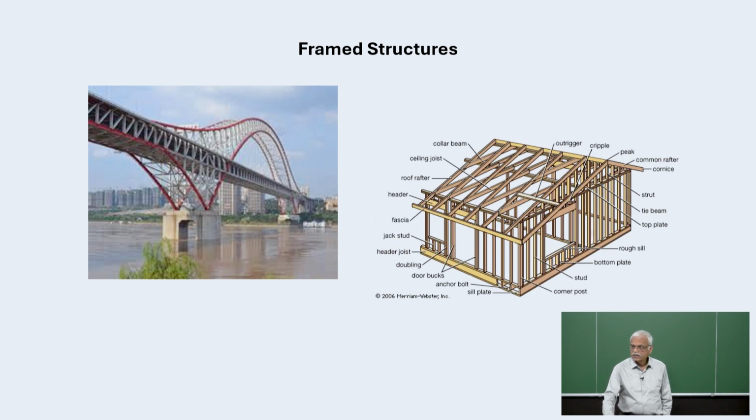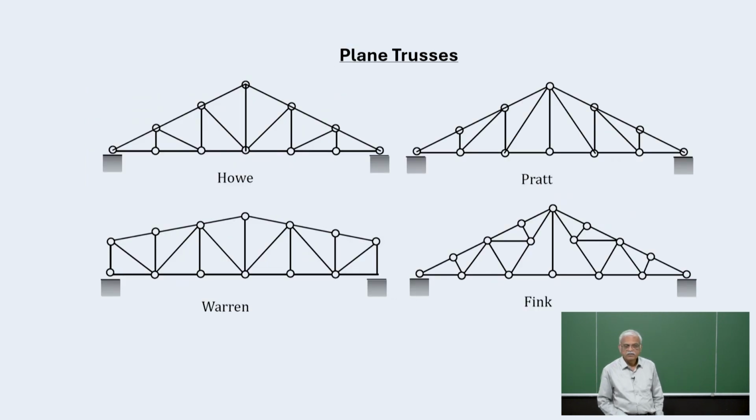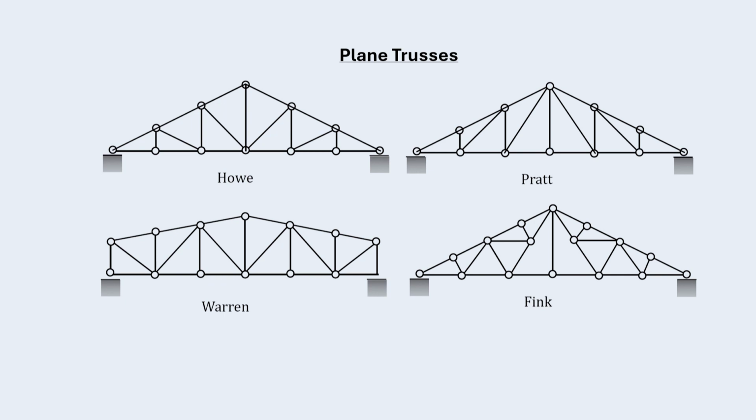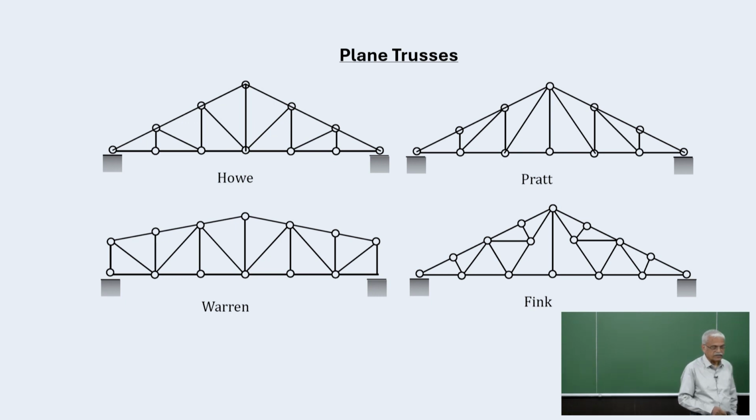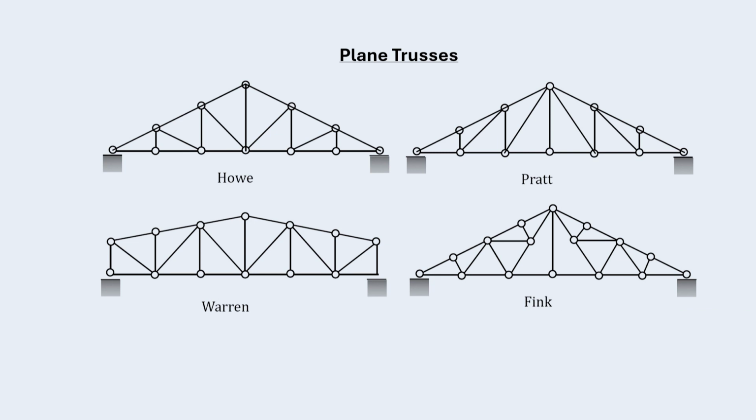To move further, sometimes we also find these kind of simpler structures, which we call truss structures, where the joints are made by pins. So all the members are joined to each other by pin connections. And then, as I was saying, these two types of joining the individual members make a whole lot of difference.